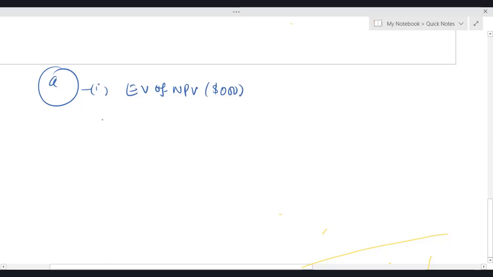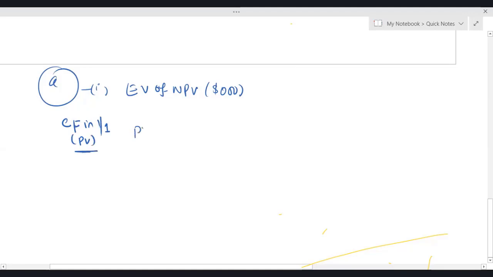Simply, I'm taking cash flows in year one. Obviously, we'll be working on present values of cash flows. So, cash flows in year one, in present value terms, okay?